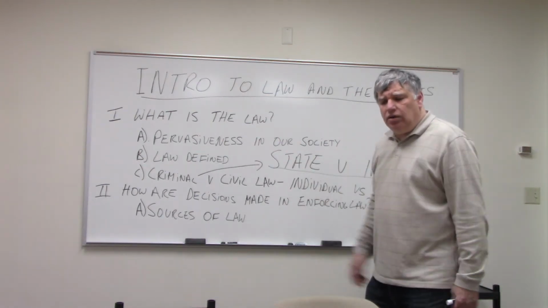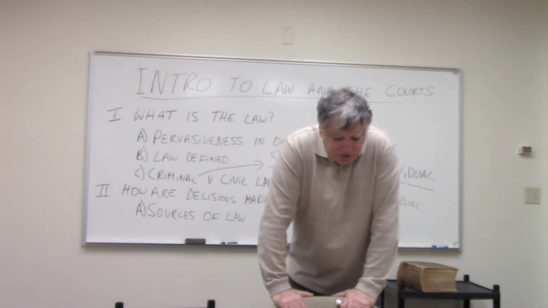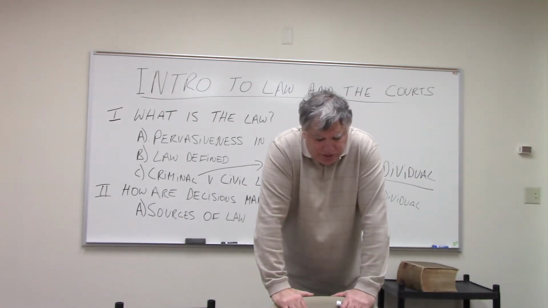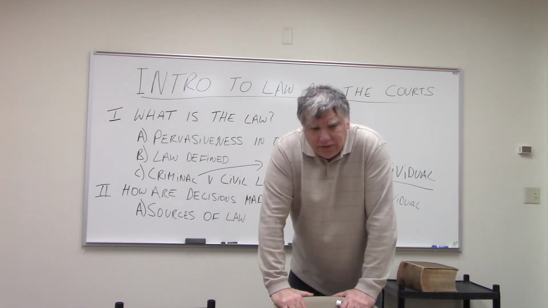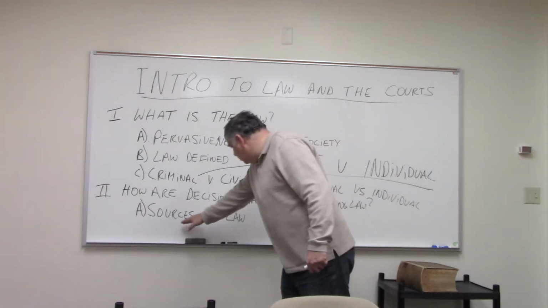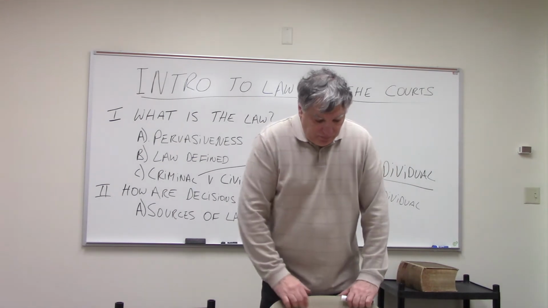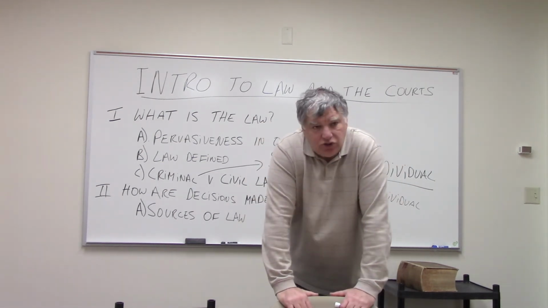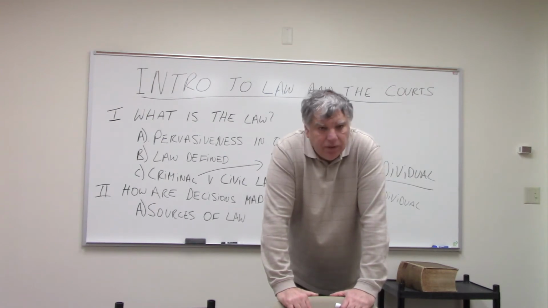What is the law? And then how are decisions made in regard to enforcing that law? First we have to know what the law is, and that gets to ideas of sources of law. Sources of law. Legal decisions are made by our courts, guided by written law.